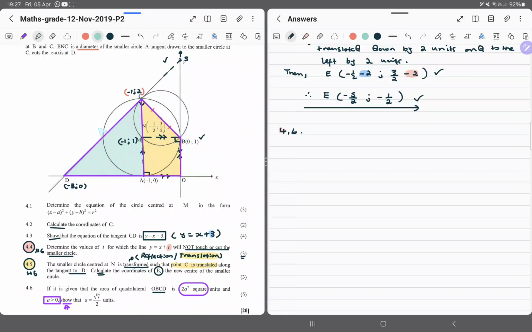So you can decide how you want to handle this kind of a situation, but this is the best way you can split this particular one. But another student may decide to draw a big triangle going all the way to the y-intercept of CD and come down to the origin and back to the x-intercept. So calculate the area of this big triangle, then subtract the area of that smaller piece, okay, the white triangle.